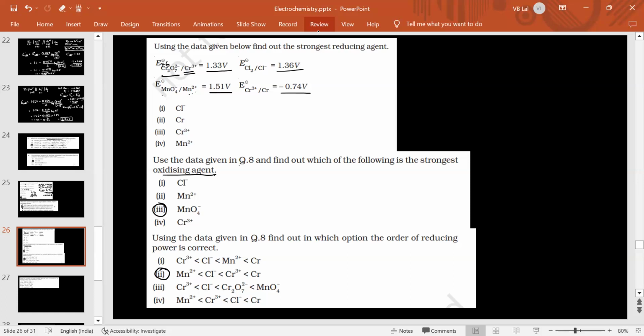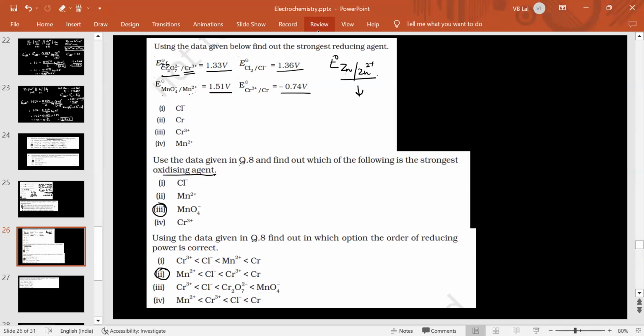Sometimes what they do is that they give values reversed. Supposing they may give E0 for Zn to Zn2 plus. And if they give like this, Zn to Zn2 plus, then what is happening? 0 to plus. So what is happening here? Oxidation.